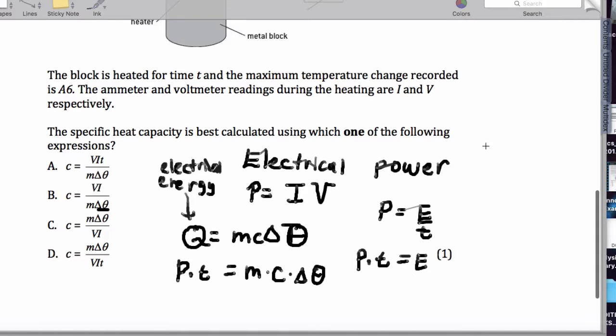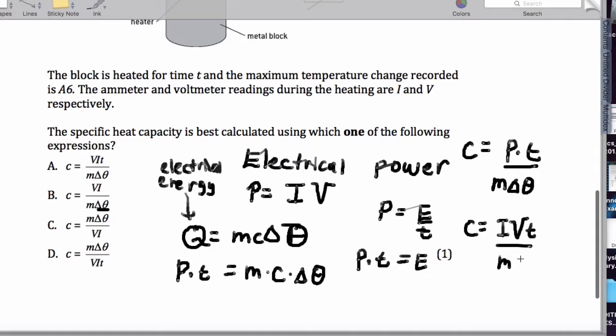When we go ahead and do that, we're going to get that the specific heat capacity is power times time divided by m delta theta. But power is current times voltage, so that's I times V times t, all over m delta theta. And that's how I'm arriving at choice A for my answer to number 3. So that's page 1 of the practice exam.